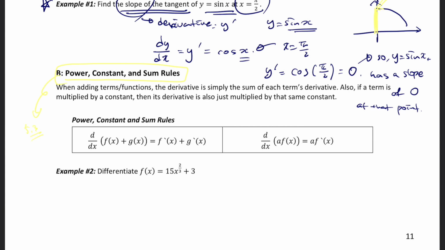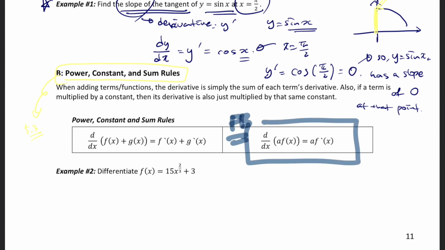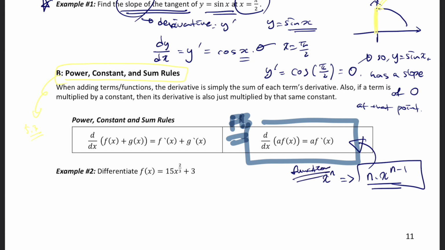In your formula booklet, the formula for this rule is presented in this way. However, we already know that this means if we have x to the power of n, then the derivative equals n times x to the power of n minus 1. This is what this formula means. Just for your information, this is our differentiated form.